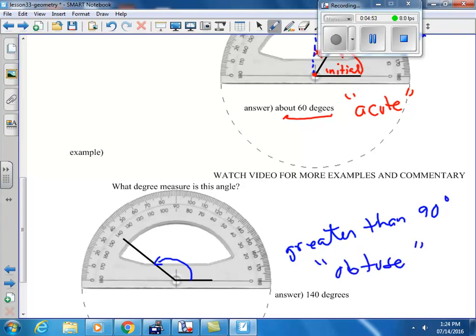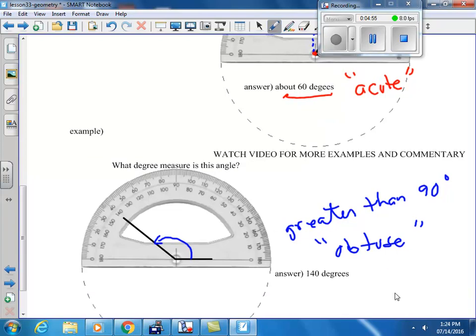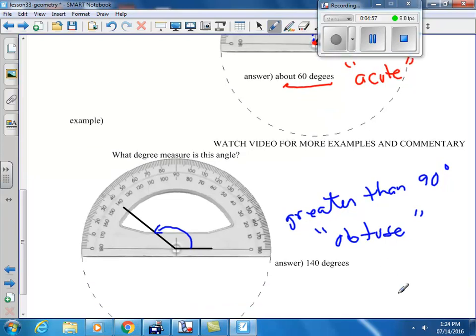We'll talk about those words in a moment. It's 140 degrees. Why? Well, make sure you grab this number and not this number. So if it's been a while since you've used a protractor, I just wanted to reiterate that. So we have a 140-degree angle, making it obtuse.